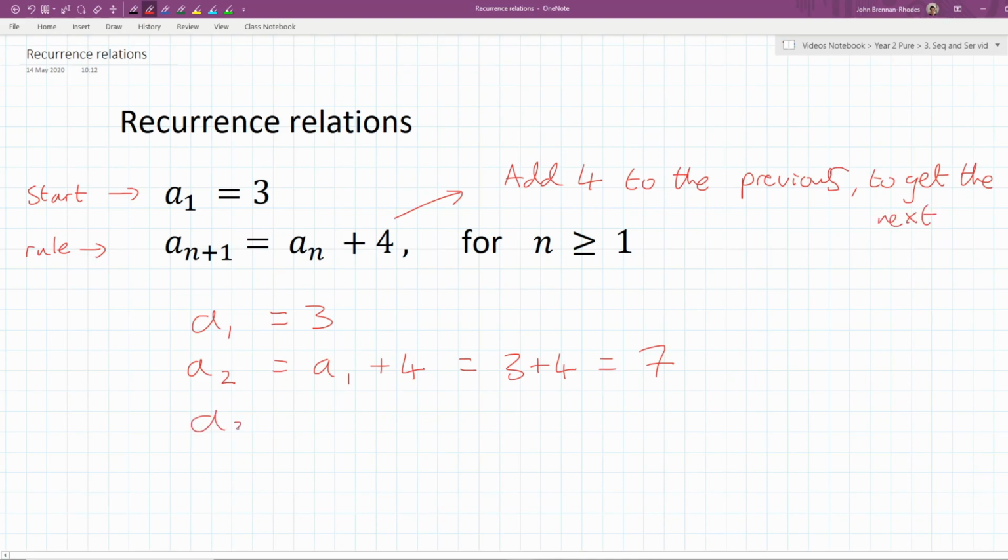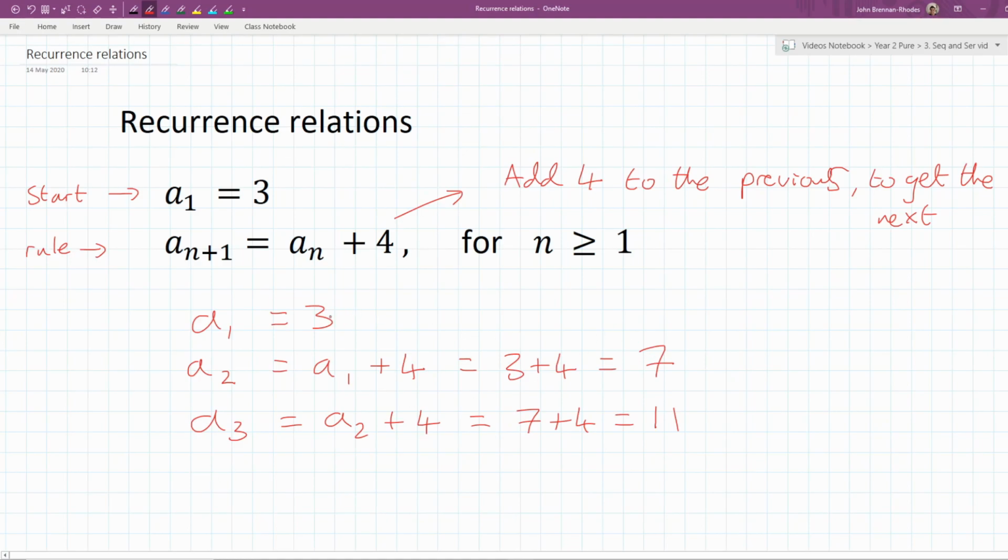So now if I try a3, that's going to be a2 plus 4. So that's what happens if I put n equals 2 into the rule. And so I get a3 is a2 plus 4. Well, that is 7 plus 4, which is 11. And we could carry on onwards and onwards.